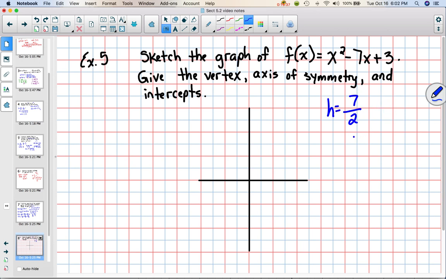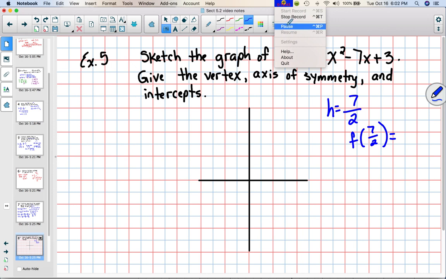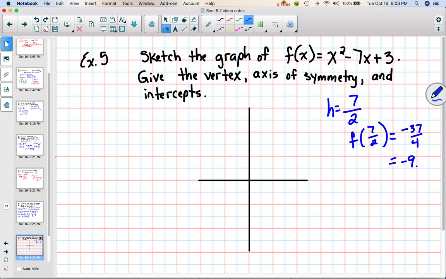And then we're going to plug that in to find the y value. Okay, so I did that and I got negative 37/4, which is negative 9.25, which would be helpful for graphing.